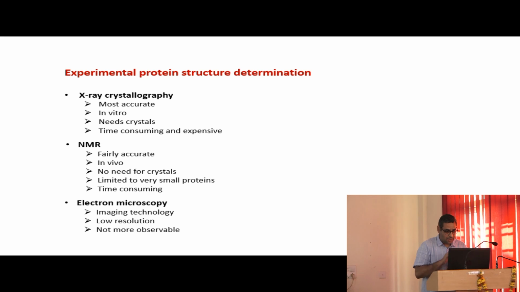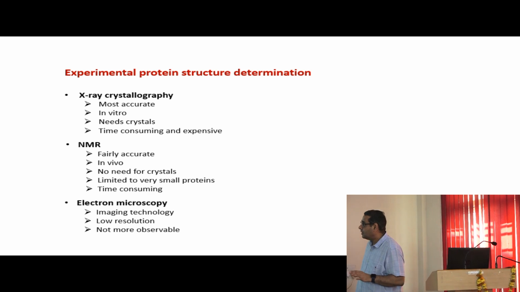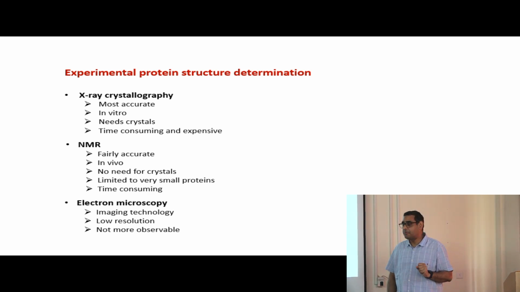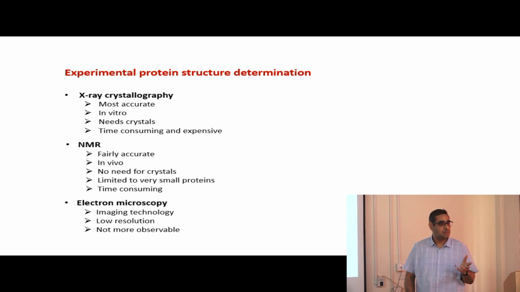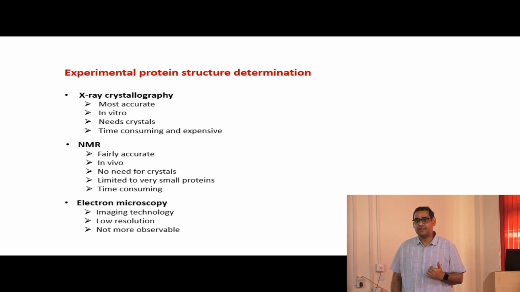Okay, going to the next one: experimental protein structure determination. If you see these three techniques, most people have not followed all the techniques in one paper. If you follow maybe two techniques or one technique, the accuracy and the impact will always be at a limited place.